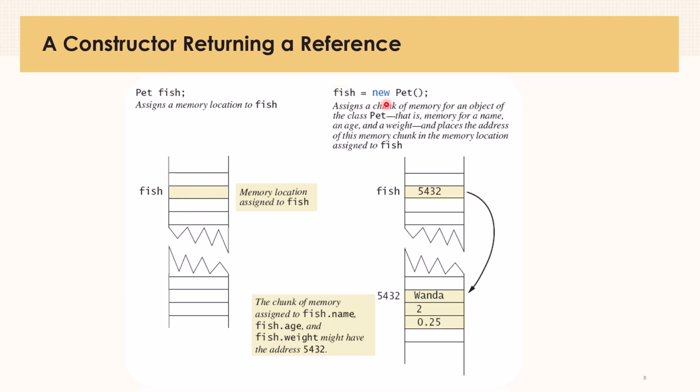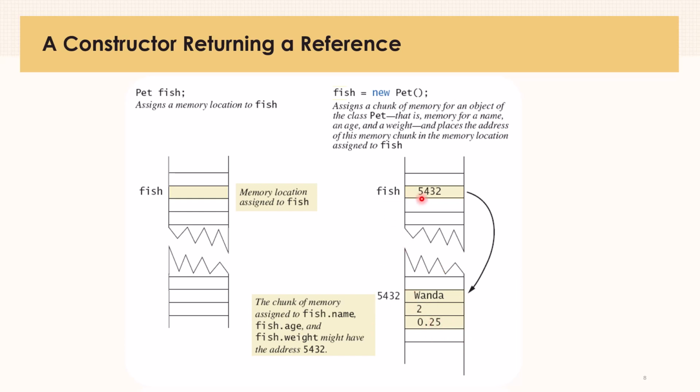However, if you write fish equals new, then new here will create an object, and remember that a pet has a name, age, and weight. So it will create an object and put data for these instance variables and save them somewhere in the memory. So notice now the variable fish is in one place and the contents of the object are saved in a different place.